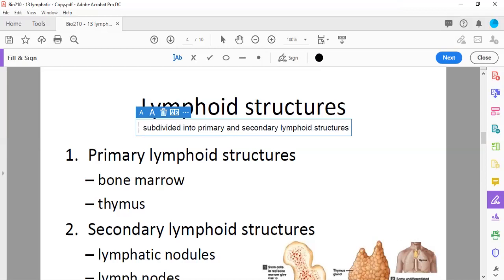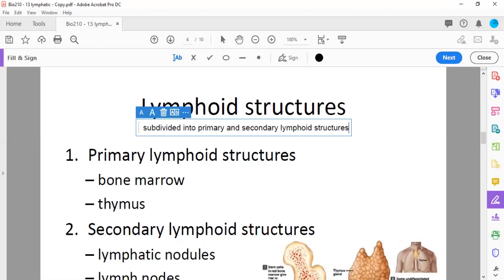Well, there has to be a functional reason. When you think of the lymphatic system, the major type of white blood cell you want to think of is the lymphocyte. The lymphocyte is the major type of white blood cell involved with the lymphatic system.